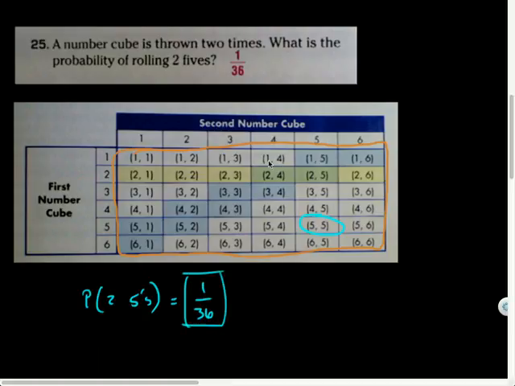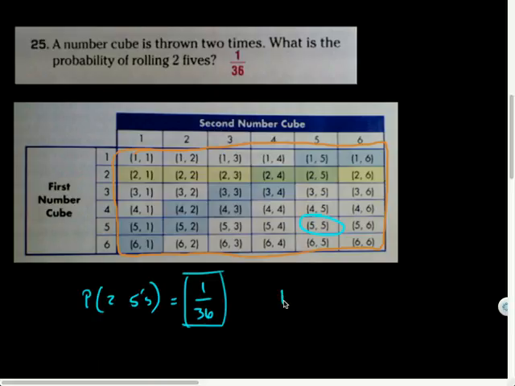Using a sample space like this of all possible outcomes is often helpful for us, kind of like the question we just looked at about vans and cars and trucks and colors. Same idea. You're able to figure out the possible outcomes and get a handle on the probability a little bit easier.